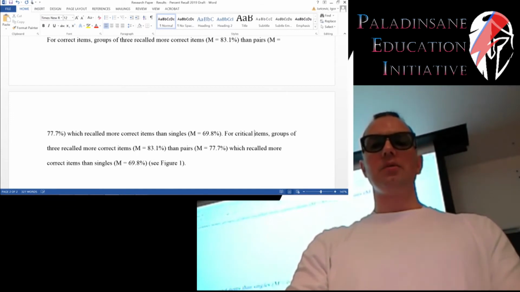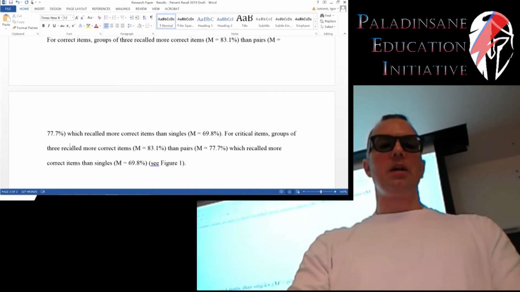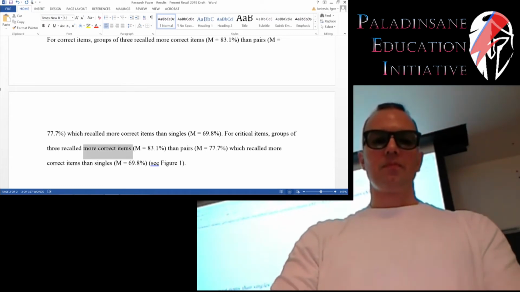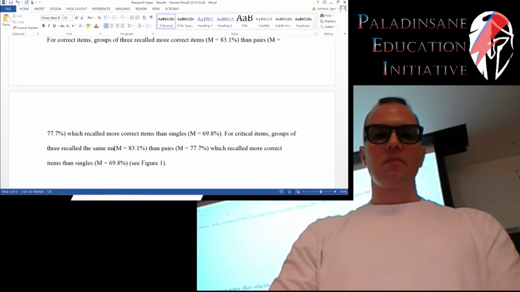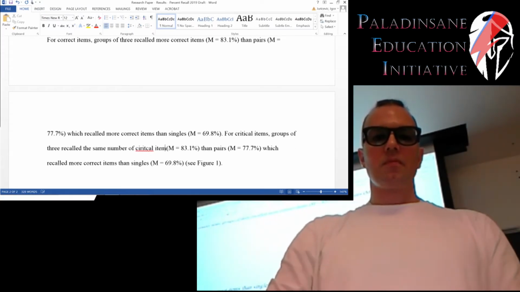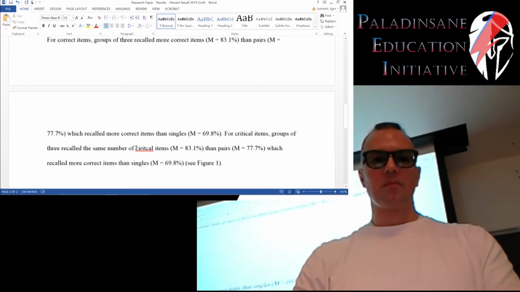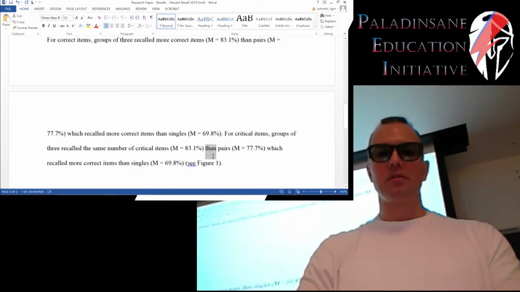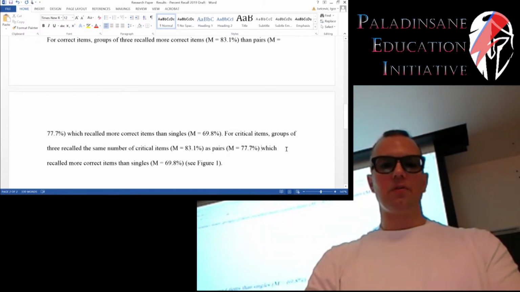For critical items, groups of 3 recalled the same number as pairs, and we'll have to change this. And then what do we do for the rest of it?